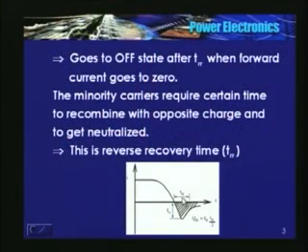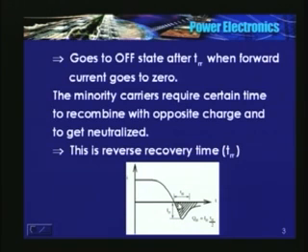TRR is the reverse recovery time. It is the time from this point, the first zero crossing, to say 25% of the maximum value of the current flowing in the reverse direction.